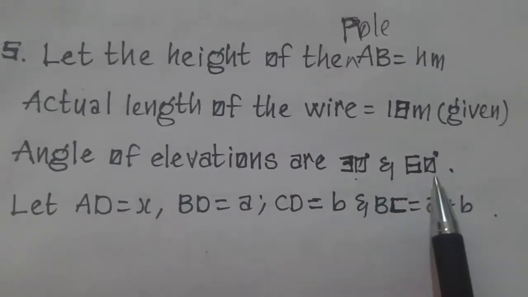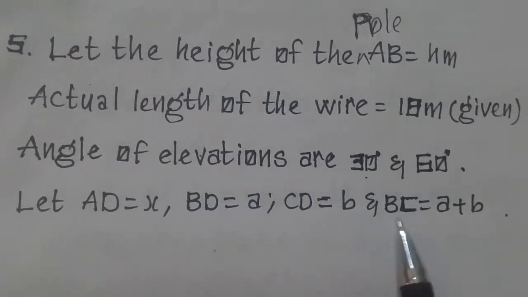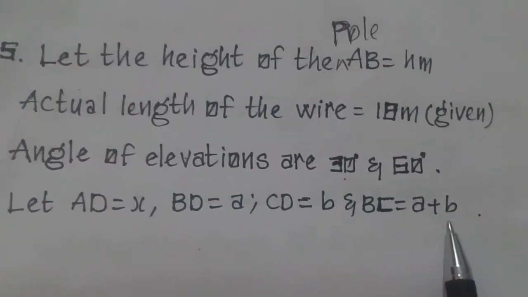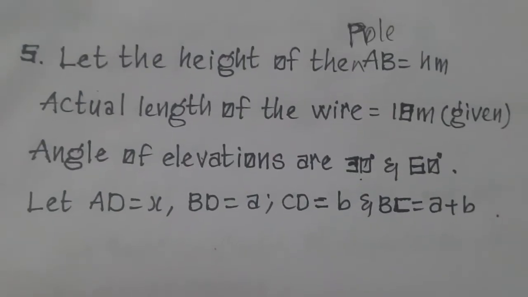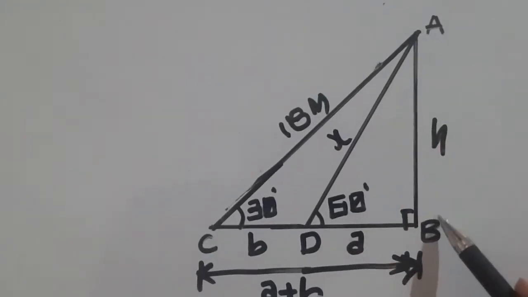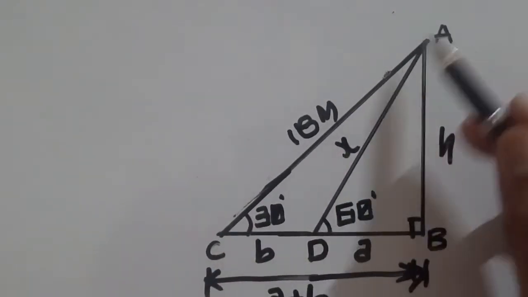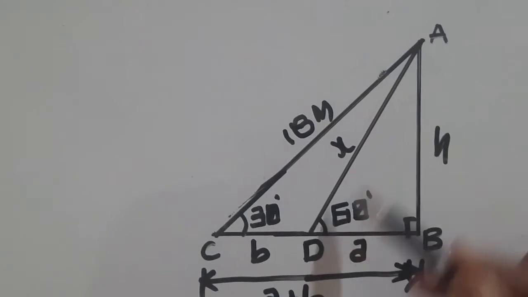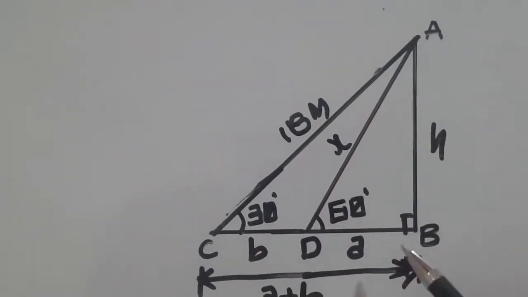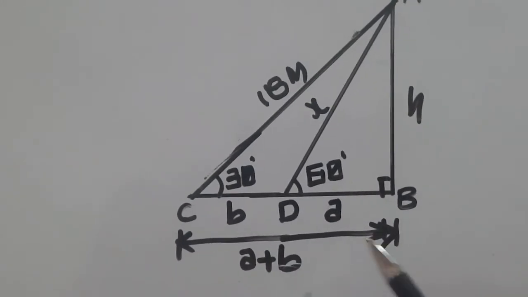The angles of elevation are 30 degrees and 60 degrees. Let AD be equal to x, BD equal to a, CD equal to b, and BC equal to a plus b. Look at the figure: the height of the pole AB is H and the actual length of the wire AC is 18 meters.